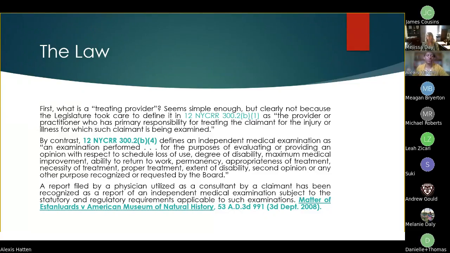So a report filed by a physician used by the claimant as a consultant has to comply with the regulations for an IME because the board will recognize it as an IME subject to those requirements.